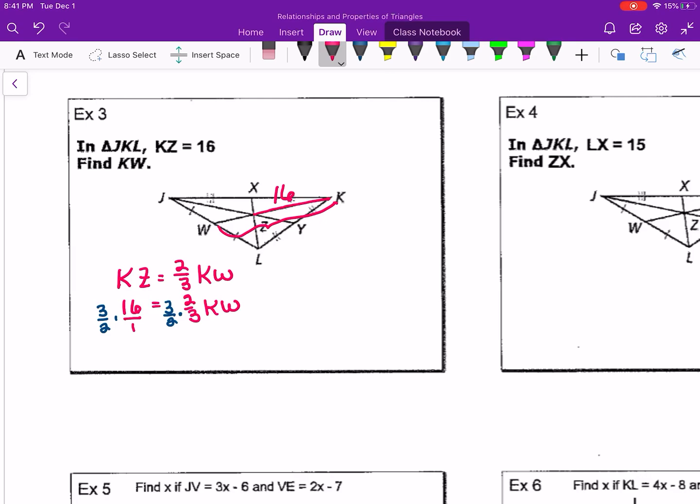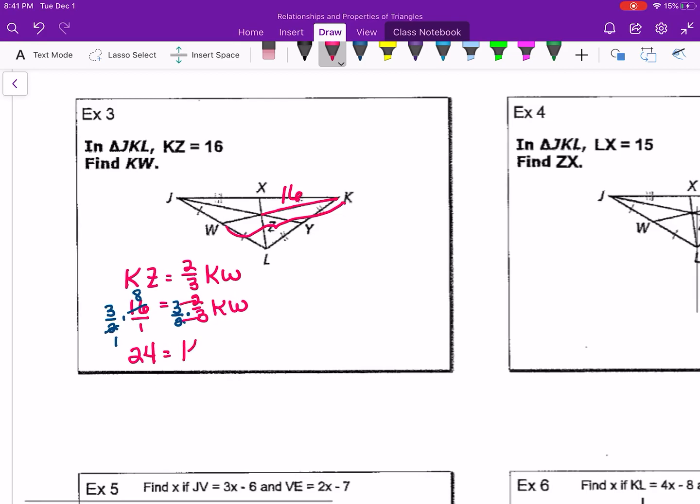Or just as a reminder, we can do a little canceling. 2 into 2 once, 2 into 16 8 times. 3 times 8 is 24. On the right-hand side, you get 6/6, which is 1, so they cancel out. So the length all the way across is 24 units.